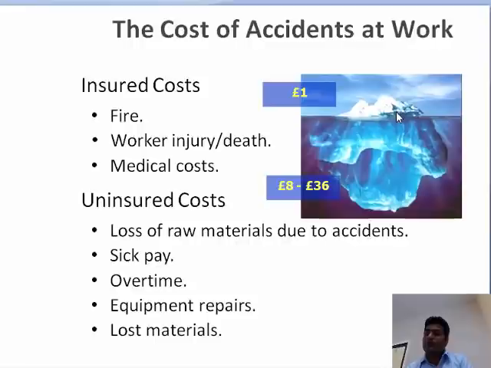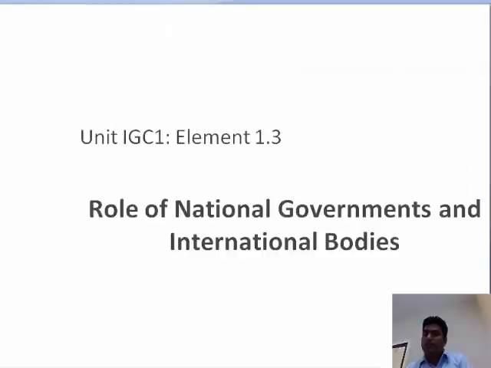If an accident happens, your loss will be greater, because insured cost can be covered by the insurance company, but uninsured cost will not be covered. You have to pay it yourself. That means accidents should be prevented at the workplace.